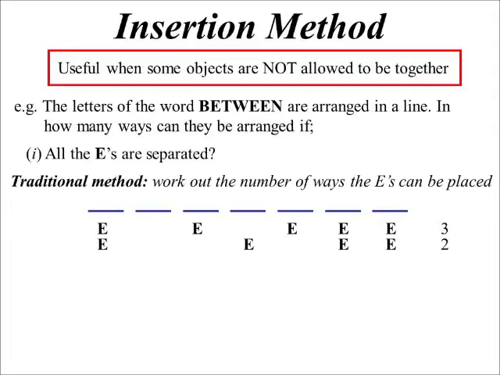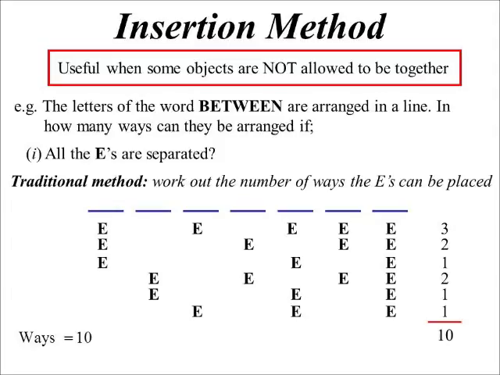Say I put them in those spots, then there would be 2. There's another possibility, and of course there's another 2 possibilities. Another possibility, and I keep sliding that first E along. There's another possibility. All up, there's 10 different ways I could place the E's.